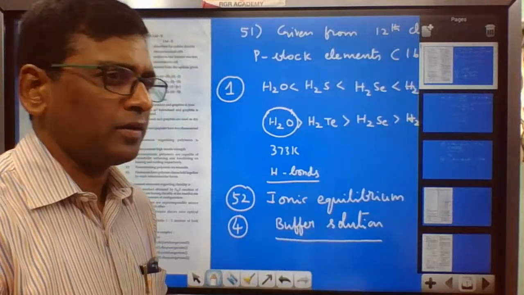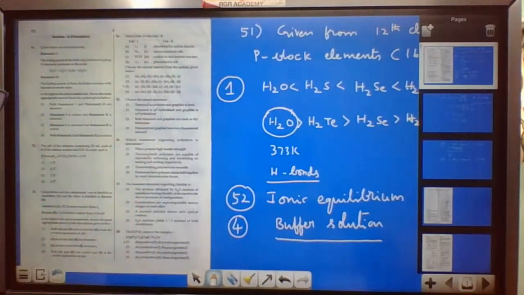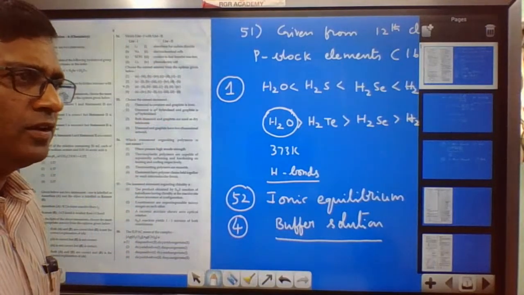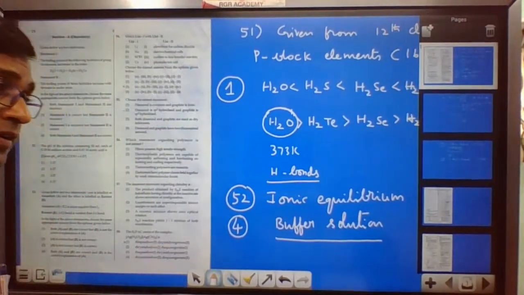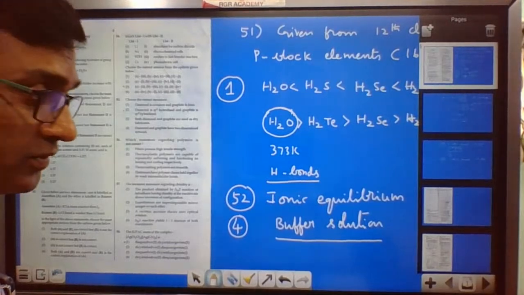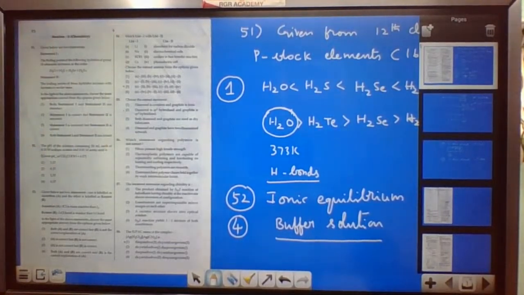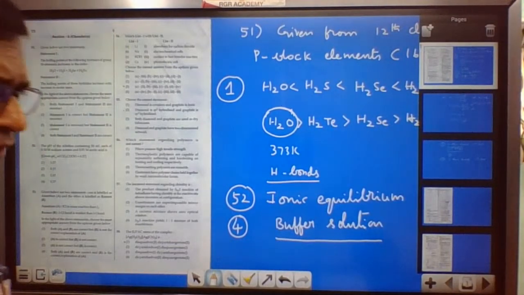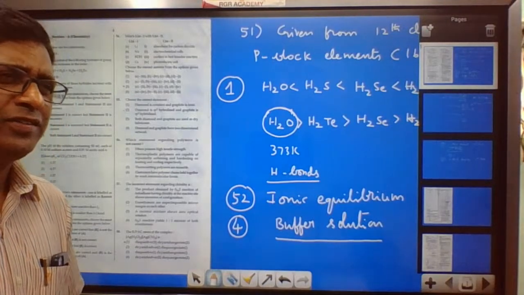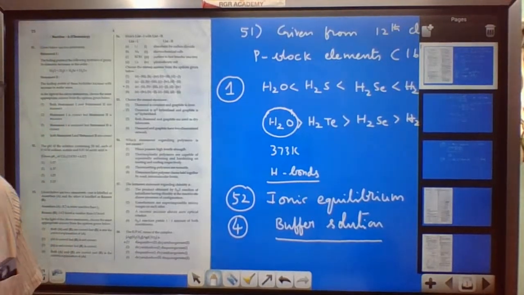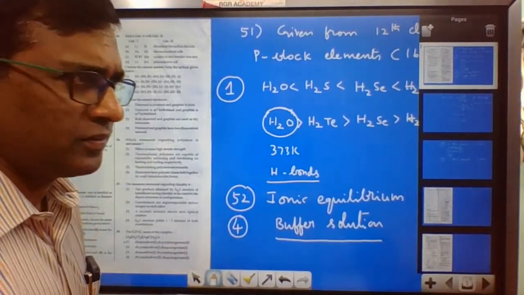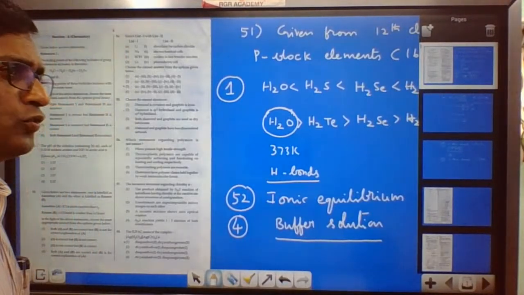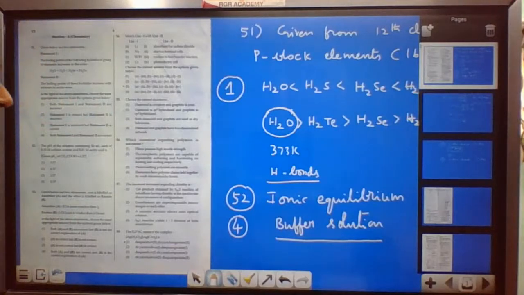We have already discussed this while discussing the estimation of carbon in organic chemistry, in 11th class. Then cesium, we know very well, and potassium, rubidium, cesium are highly electropositive. They readily give electrons, hence they are used in photoelectric cells.